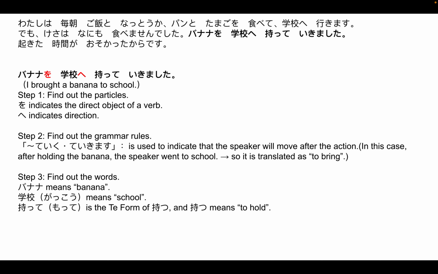In this case, after holding the banana, the speaker went to school, so it is translated as to bring. Banana means banana. 学校 means school. 持って is the te form of 持つ and 持つ means to hold. So, バナナを学校へ持って行きました means I brought a banana to school.